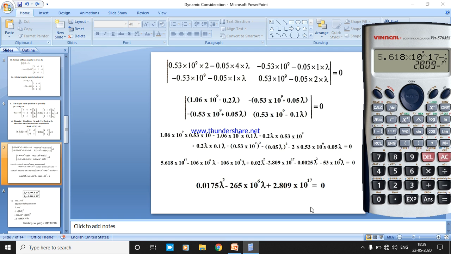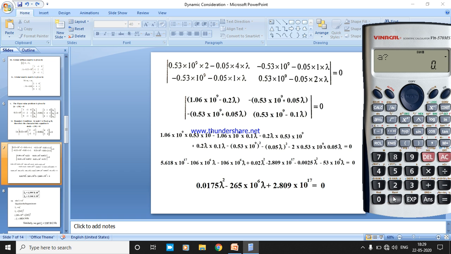Now I can solve this using the calculator. So I go to the mode, and in the mode I need equations. Equation number 1, under equation I have degrees. How many degrees? 2 degrees. Now what is this A value here? This is A, this is B, and this is C, the constant.